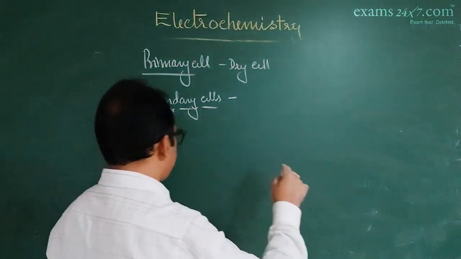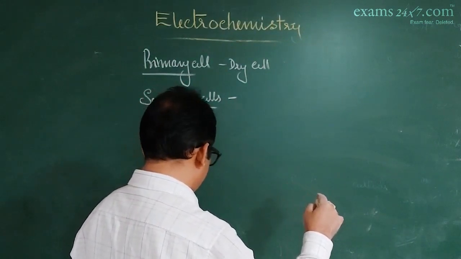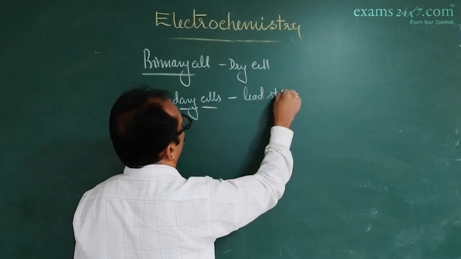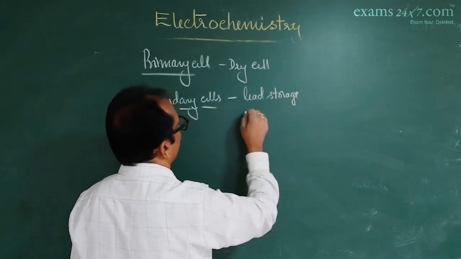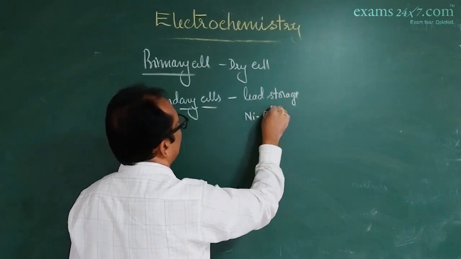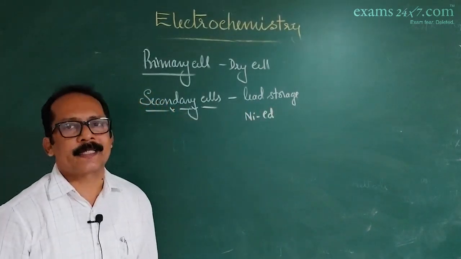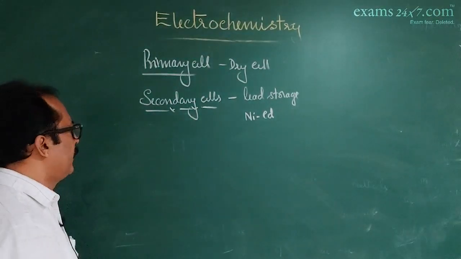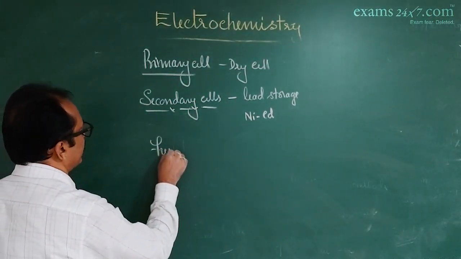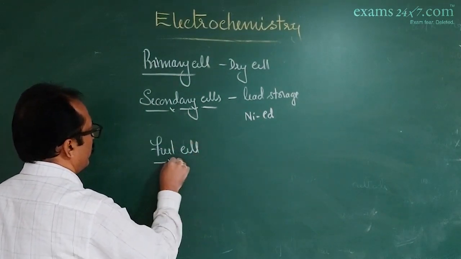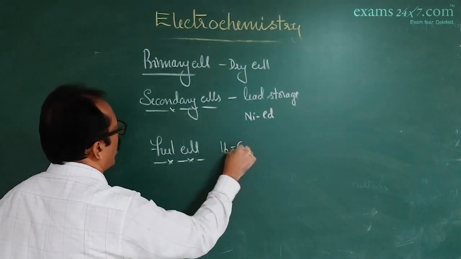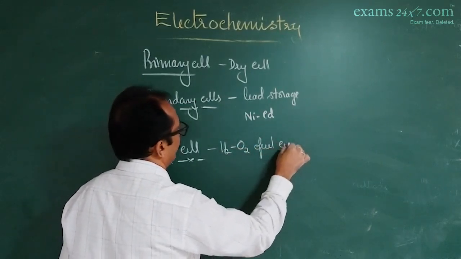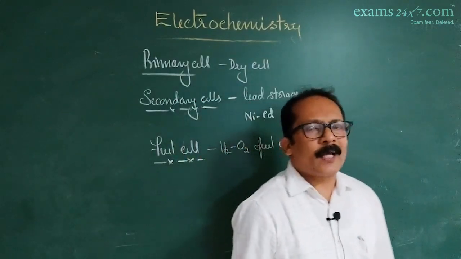Examples of secondary cells are the lead storage battery and the nickel-cadmium battery, the NICAD cell. Next, about fuel cells: the hydrogen-oxygen fuel cell.